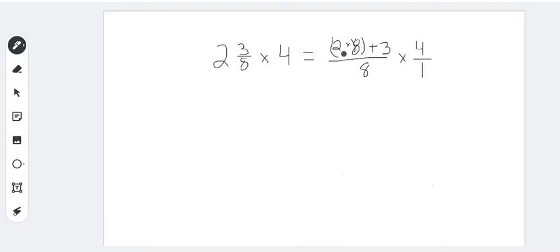This will now be 2 times 8, which is 16, plus 3, so that'll be 19. So this is now 19/8 times 4 over 1. And we're going to continue as numerator times numerator over denominator times denominator.